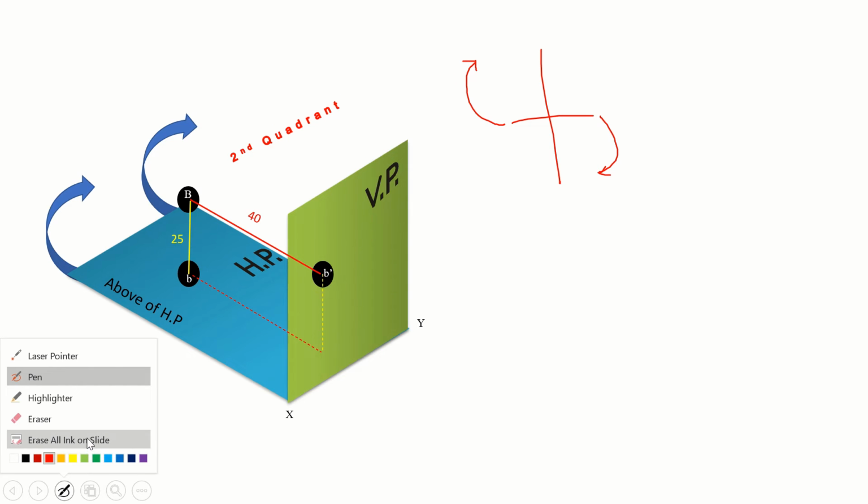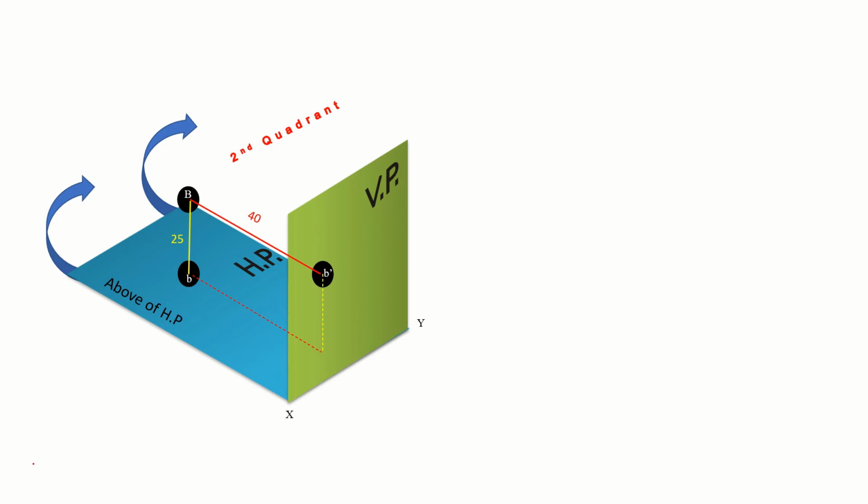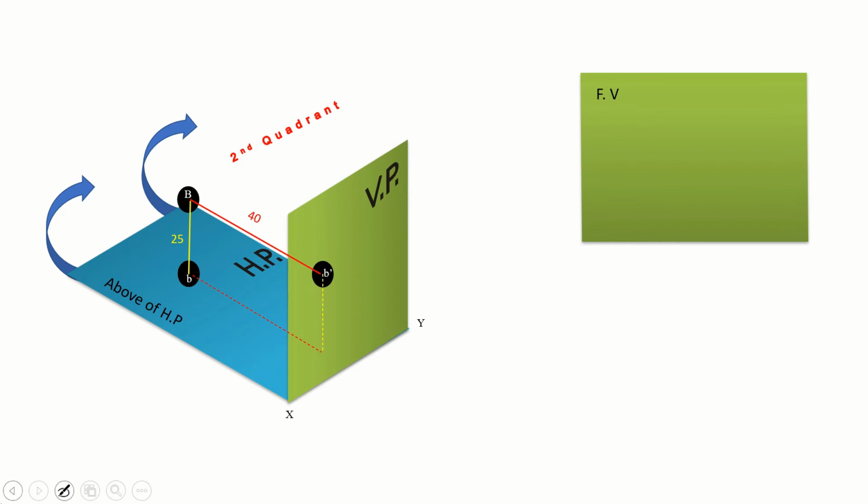We have to tilt the planes in the clockwise direction. After tilting the HP, the front view is in VP and the top view is also in VP. So this is for the second quadrant.